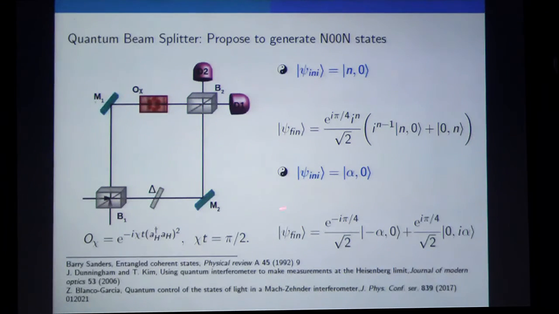Another result that we can find is that if we inject the Glauber coherent state in the horizontal path, we recover this state that is an entangled coherent state. And it's important because using this device, we are producing entanglement using a classical state. We found that this state was already reported by Sanders in this reference.